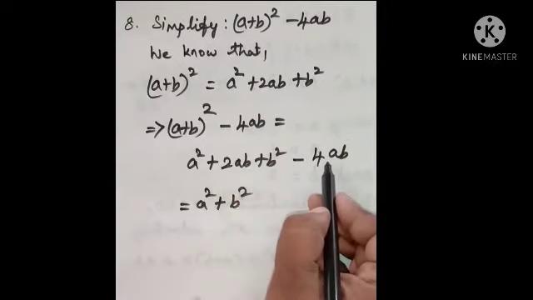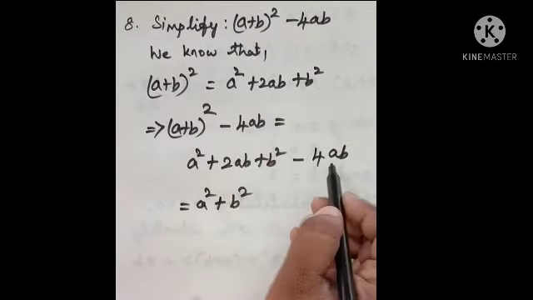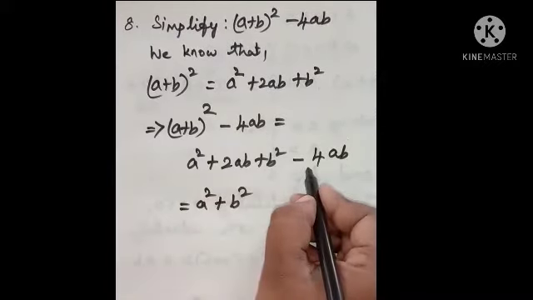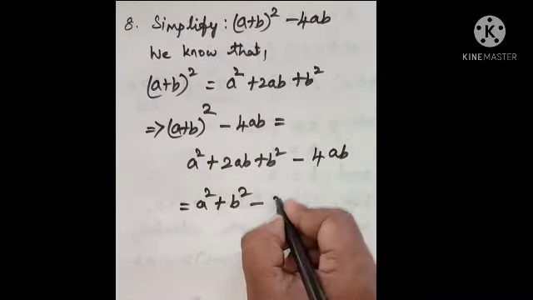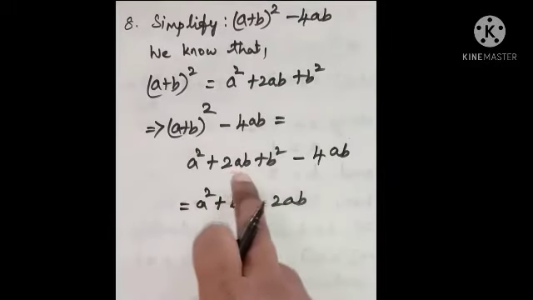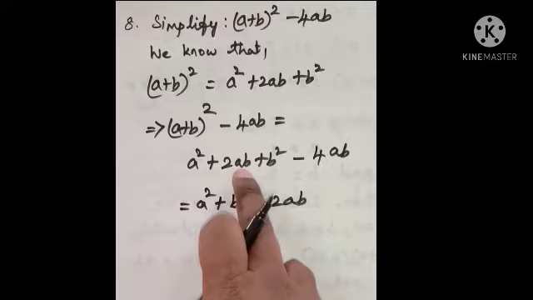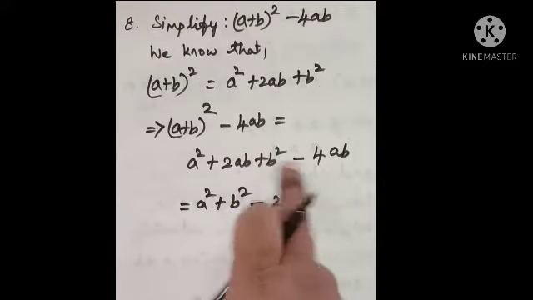Here 2ab and minus 4ab are the like terms. So 2ab minus 4ab is, yes, minus 2ab. In like terms we can add or subtract the coefficients of like terms.